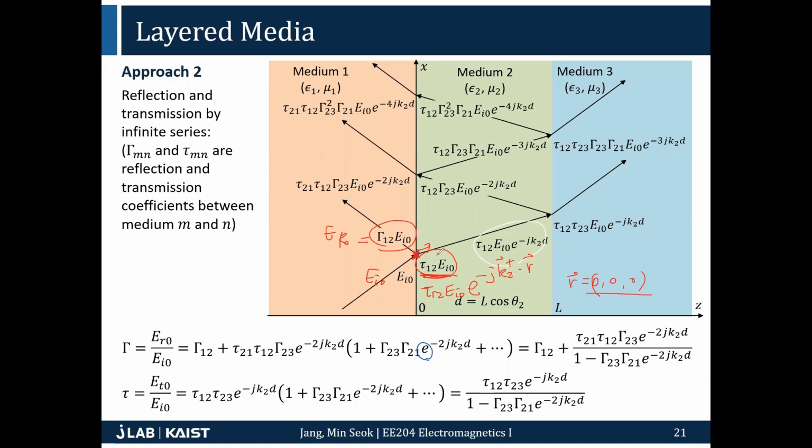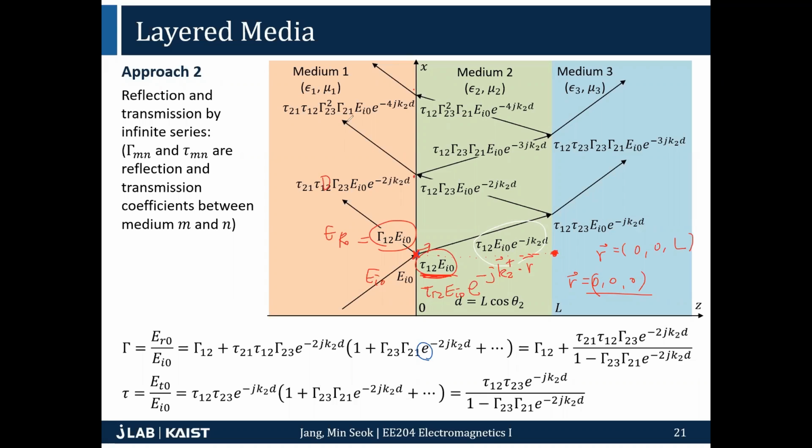And now we want to evaluate this wave at this exact position, where r is 0, 0, L, right? The reason we do this is that we want to evaluate all these partial waves at the exact same location. Otherwise, we cannot add them.